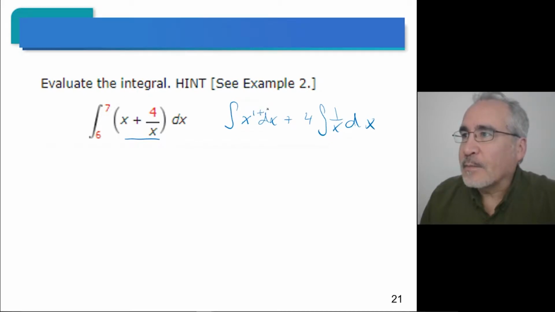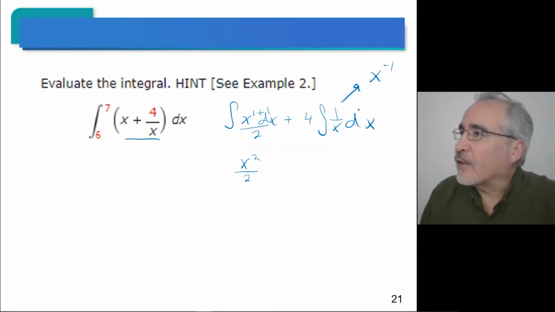It's just plus 1. Again, 1 plus 1 is 2. So this is going to integrate as x squared over 2. This one, 1 over x, or if you want to look at it as x to the minus 1, integrates as natural log of x. The 4's out front, so it's going to be 4.